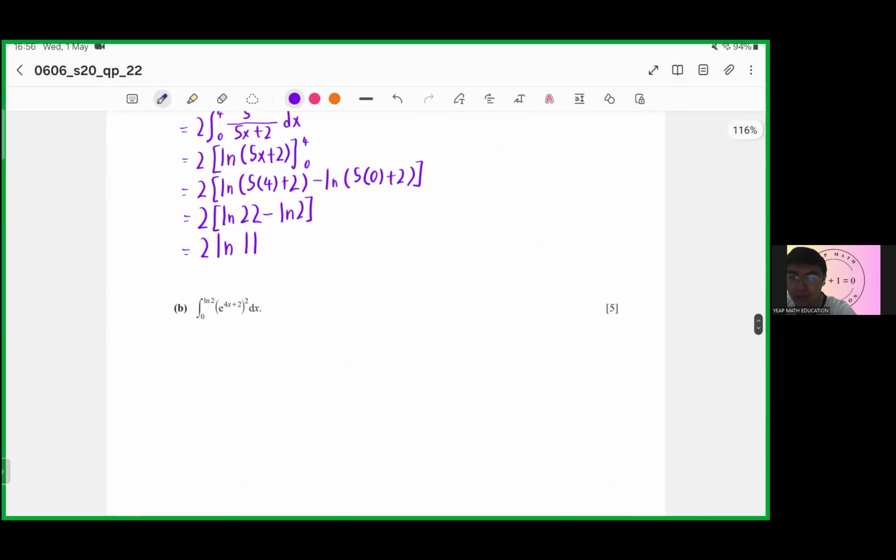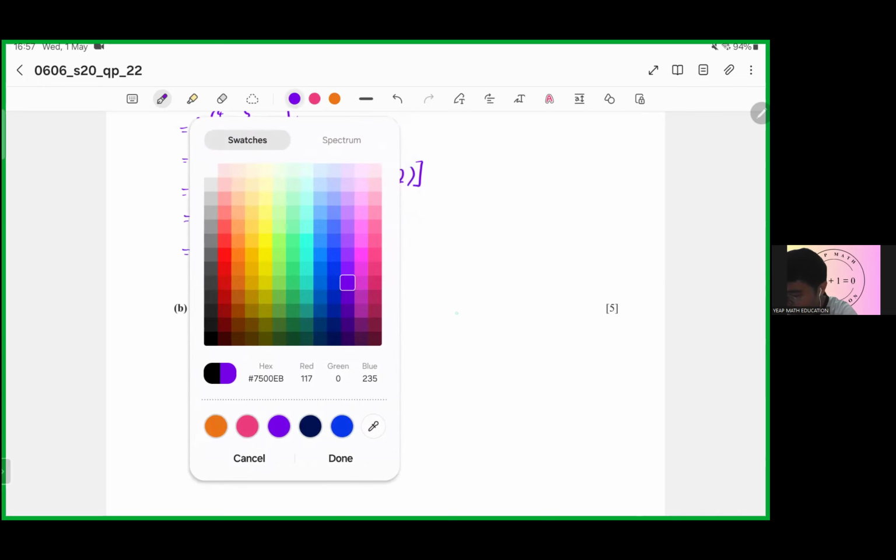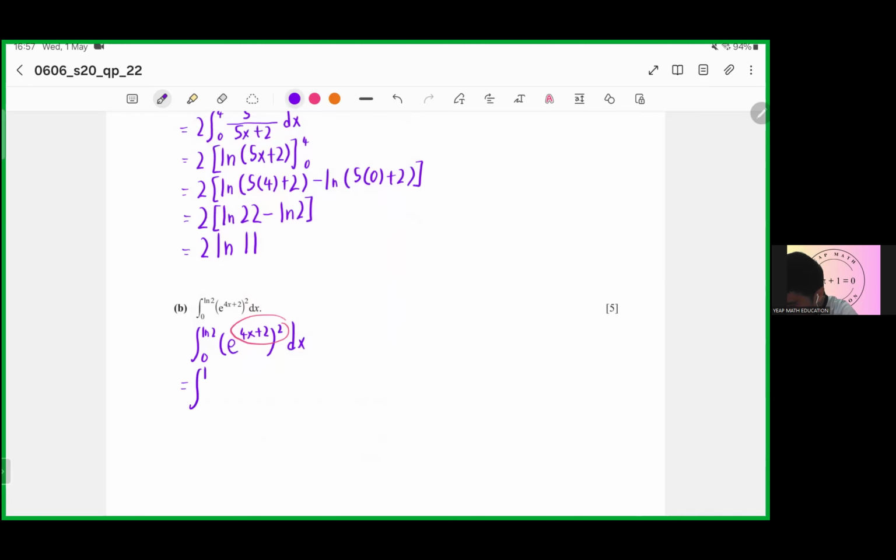Okay, now we look at question B. Integrate from 0 to ln 2 of e to the power of 4x plus 2 dx. So what we need to do right now for this part is expand. Integrate from 0 to ln 2, so we get e to the power of 8x plus 4.